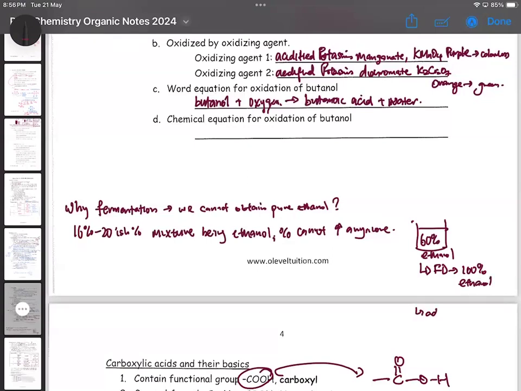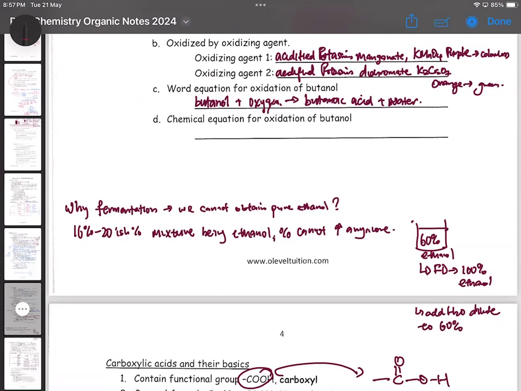Then we add H2O to dilute it to 60%. That's how we get alcohol concentration to be higher than what the yeast can do.